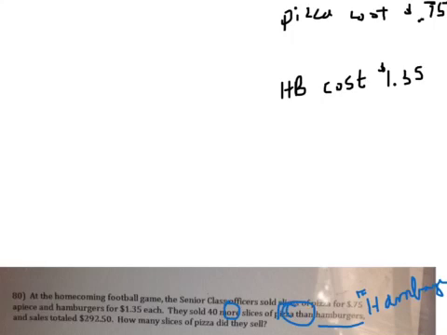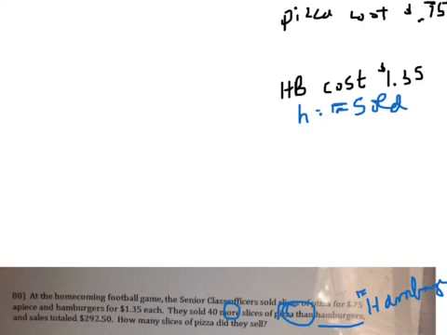Now, I've got H equal number sold. Okay. Now, how am I going to describe pizza? The reason that hamburgers make such a good variable is, didn't I sell 40 more slices of pizza than hamburgers?